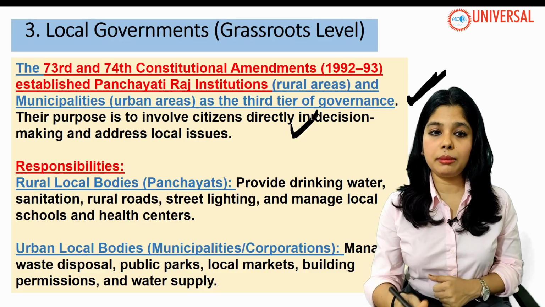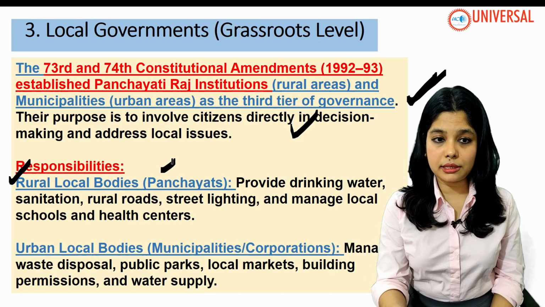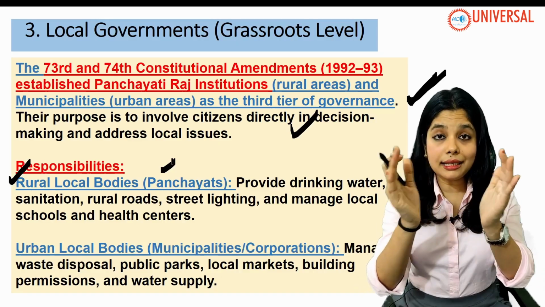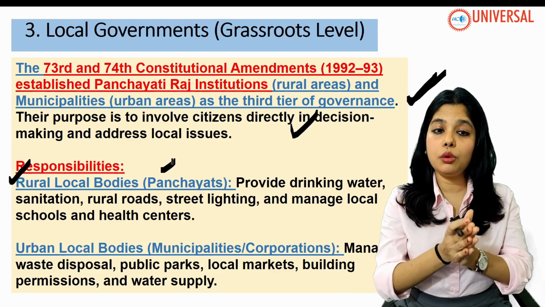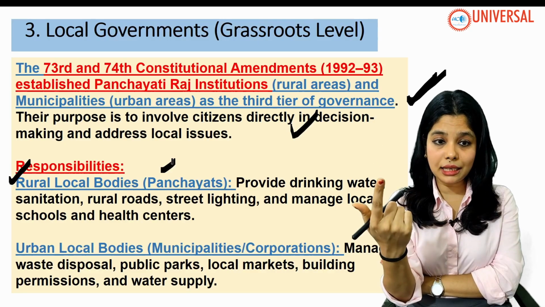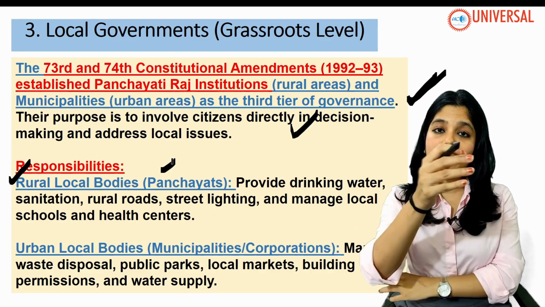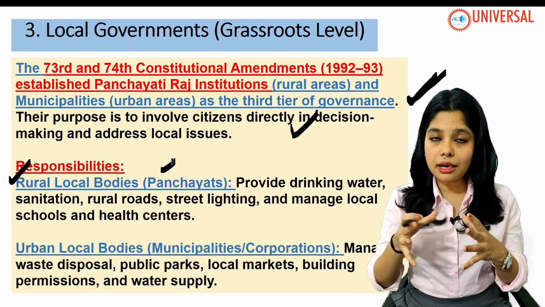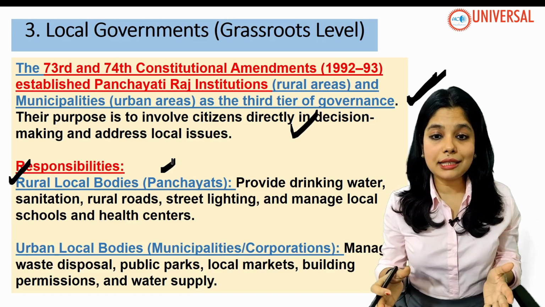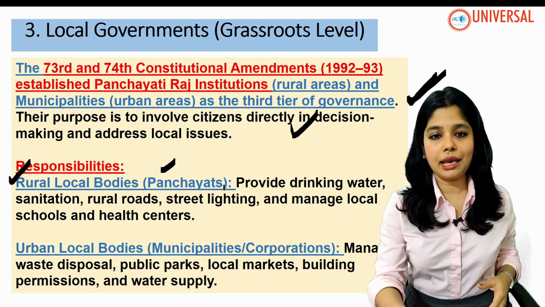Responsibilities, if we talk about rural local bodies, the panchayats, the local government takes care of the local rural bodies, provides drinking water, sanitation, and rural roads. The village roads which have been made are again taken care of under the local government. Okay, street lighting, managing local schools and healthcare centers.